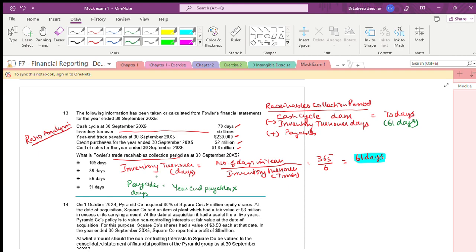Cost of sales is 1.8 million, credit purchases 2 million.